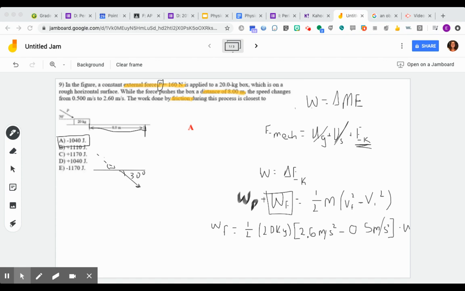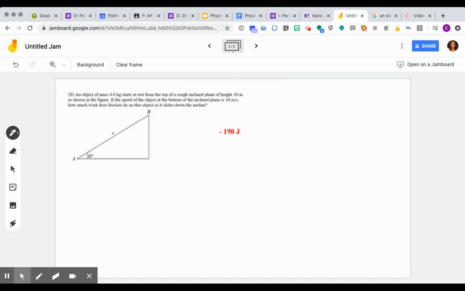So what I want you guys to try directly after that problem, because it's gonna make a lot more sense to you, was problem number 28, it's the last one on the homework. In 28, they're asking you again to find the work done by friction.